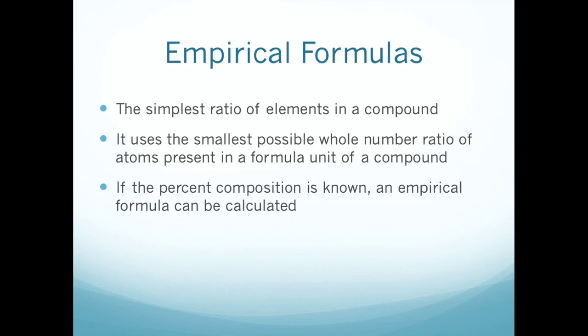Now, in the case of covalent compounds, sometimes you can simplify those ratios. Since a covalent formula tells you the number of atoms of elements in a molecule of that compound, sometimes you can reduce that ratio.